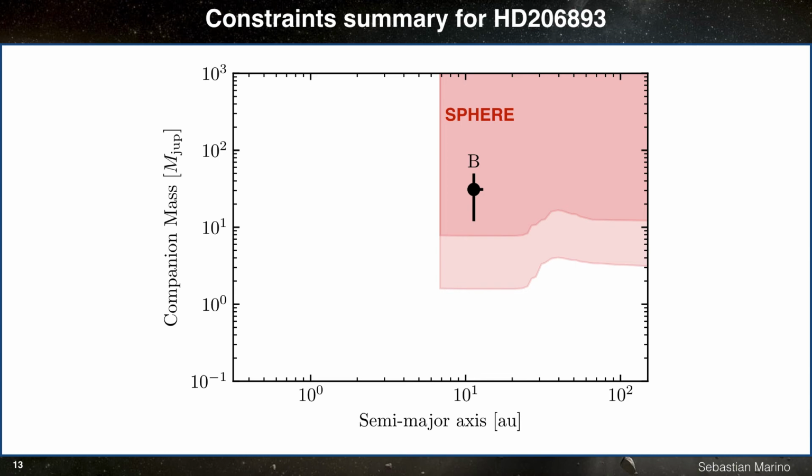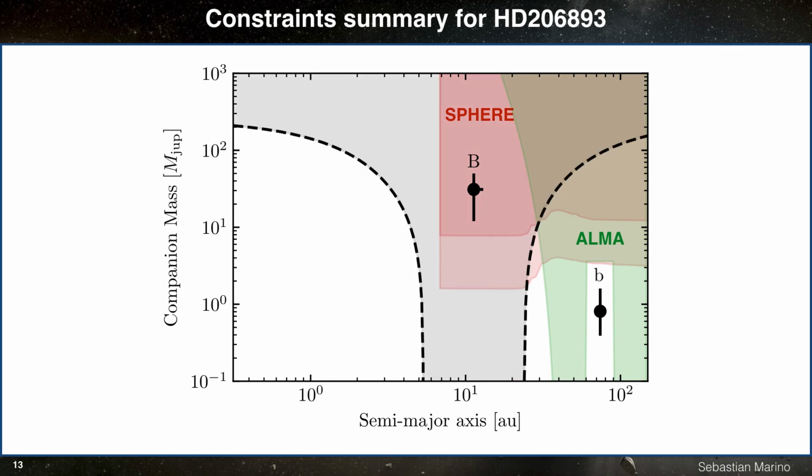The ALMA observations constrained the disk structure, which revealed a gap and thus a putative planet at about 70 AU, and also rule out the presence of another planet in the green region, otherwise the disk would be disrupted. From dynamical arguments, we also know that there should not be another companion above the black dashed line, otherwise the system will be unstable.